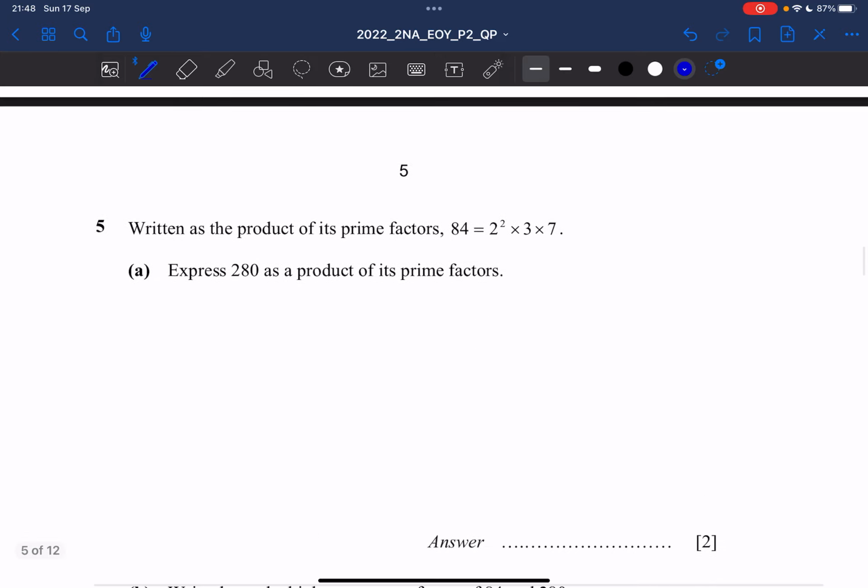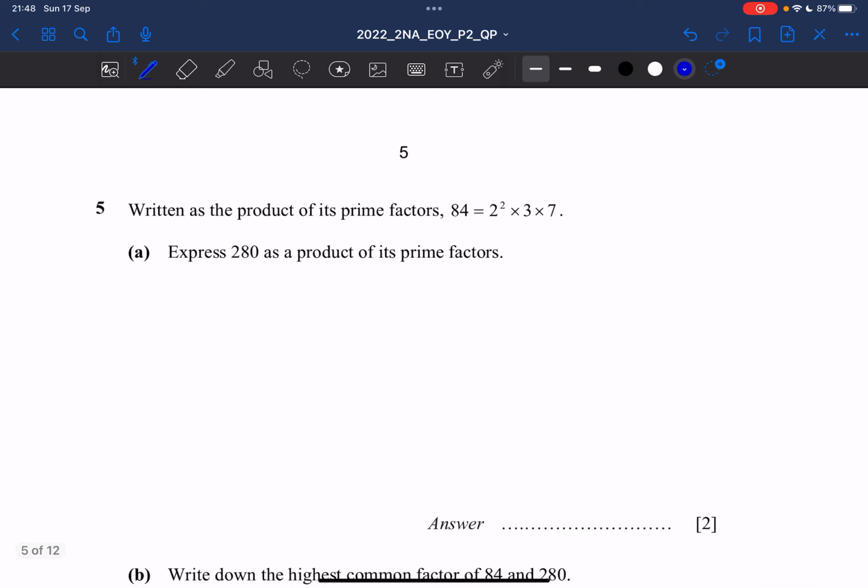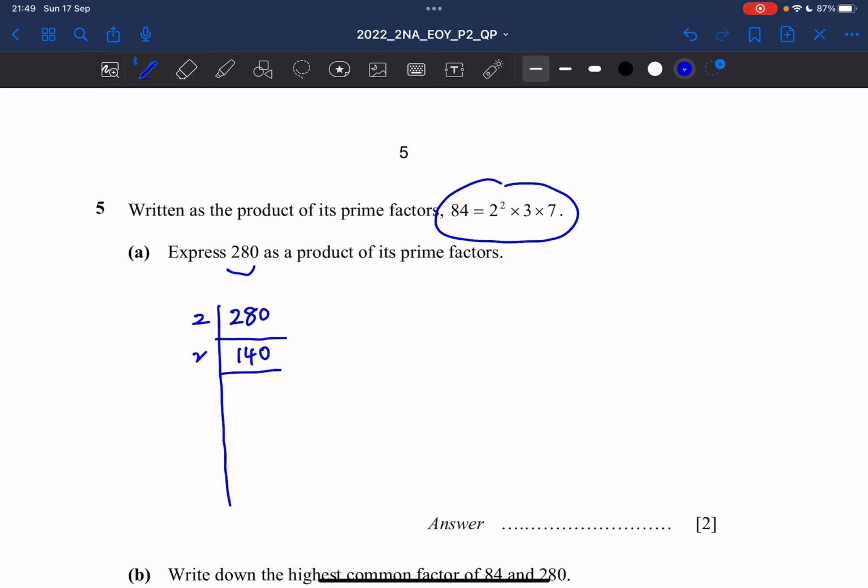Now this is a Sec 1 question: write as a product of its prime factors. They give us already for 84. Now we need to prime factorize 280. We use the ladder method. We divide by 2, we get 140. Divide by 2 again, we get 70. Divide by 2, we have 35.